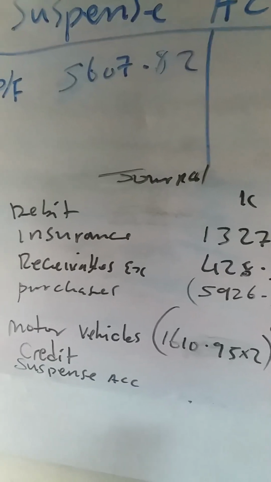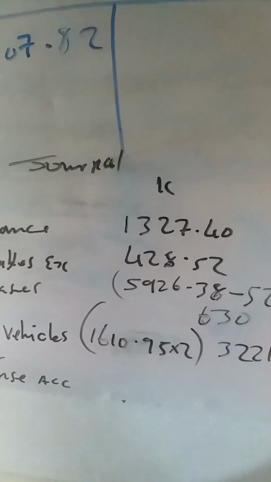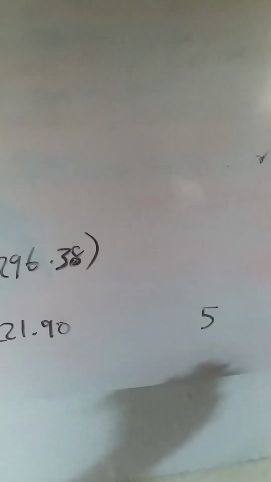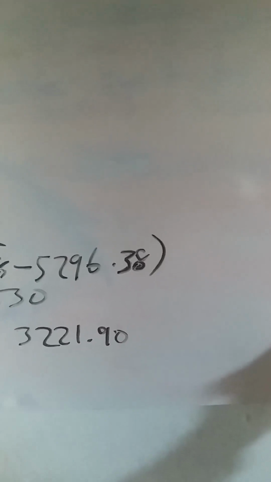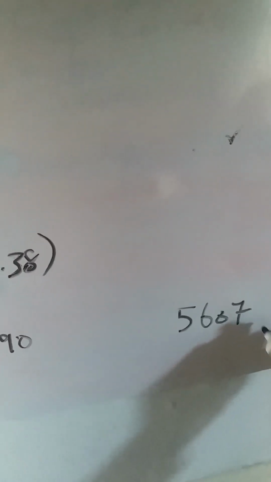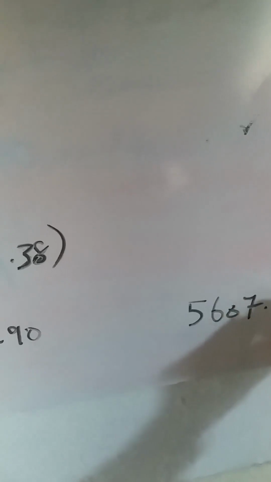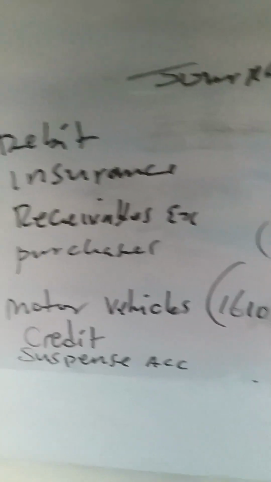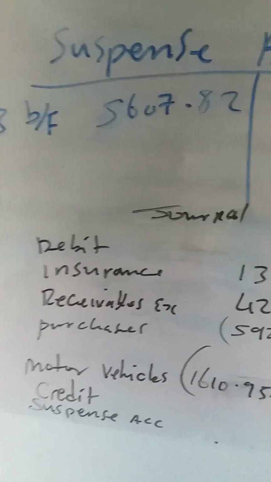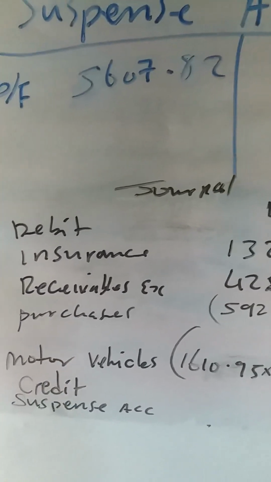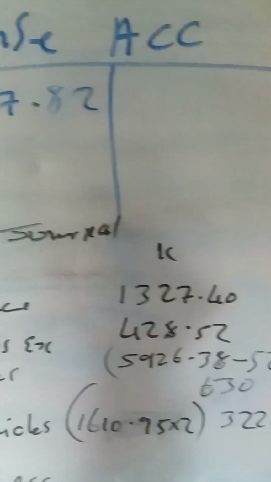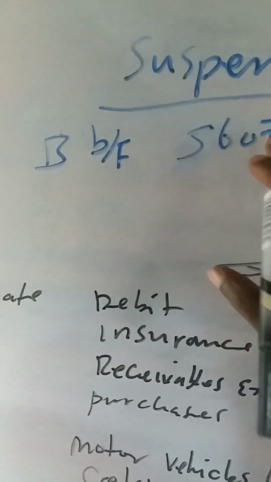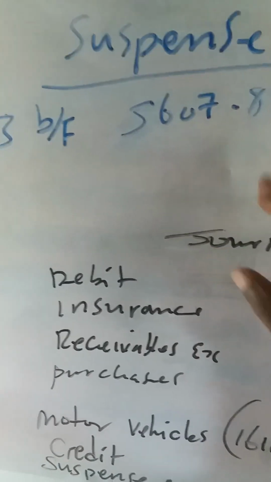So we are going to indicate credit suspense account with the amount of 5607.82 on the credit side of our journal, and that figure is going to the suspense account. So now all these debit amounts and accounts, we are just going to take them to the suspense account to clear the debit balance which was in the suspense account.